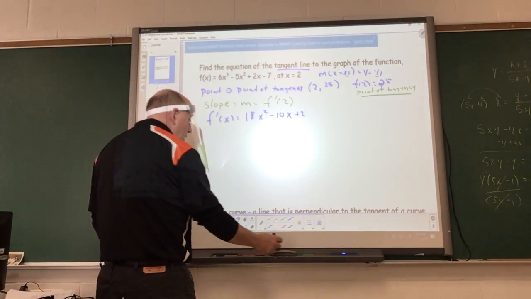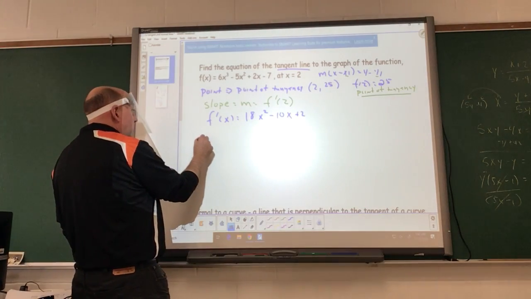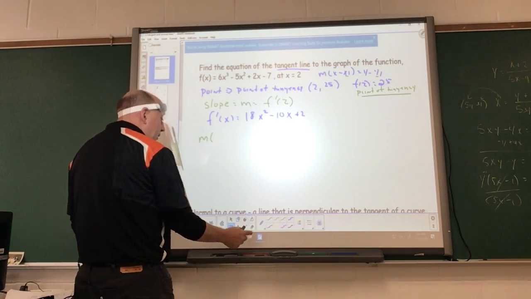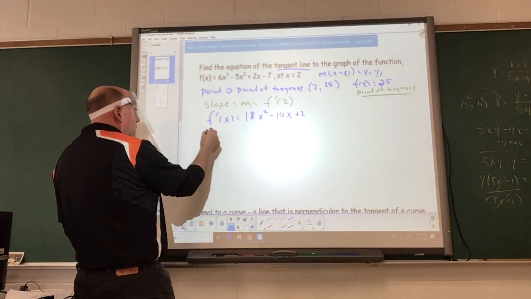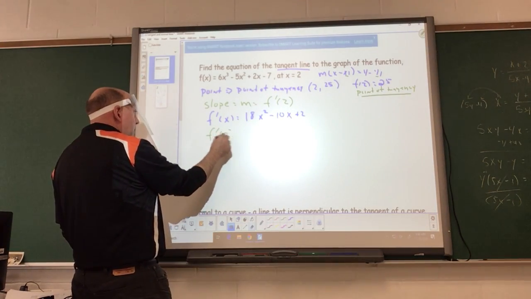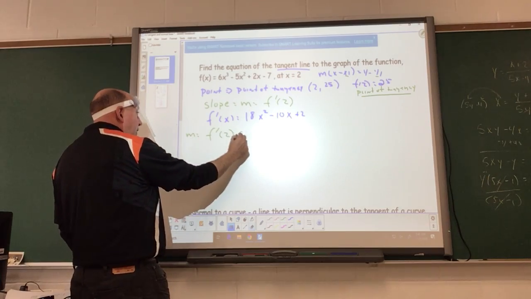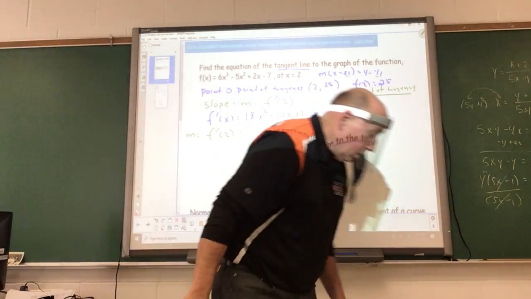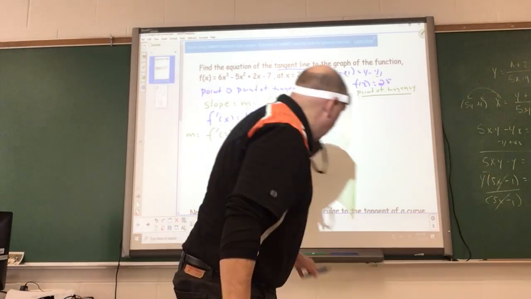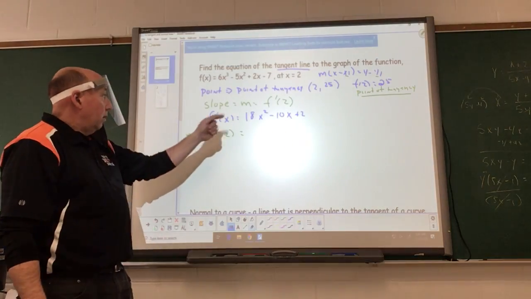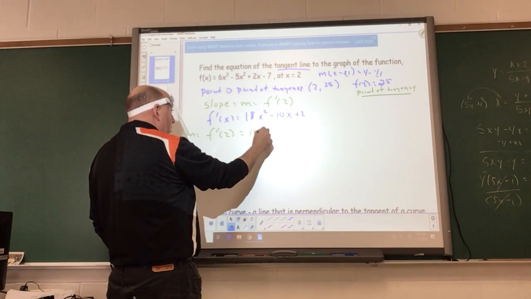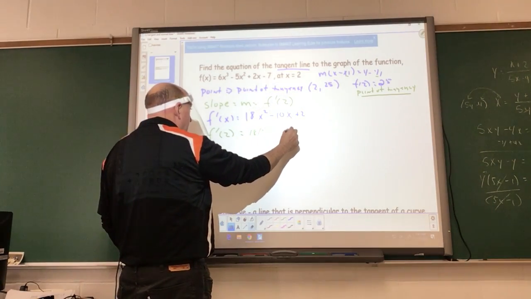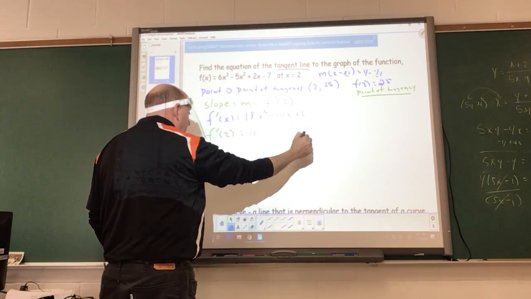So to find my slope at this value of 2, I can just find my f prime at 2. So now I can plug 2 into my derivative. So we have 18 times 2 squared minus 10 times 2 plus 2.